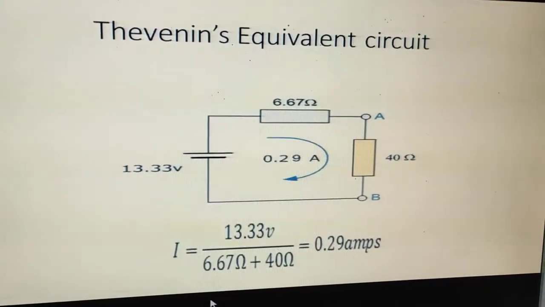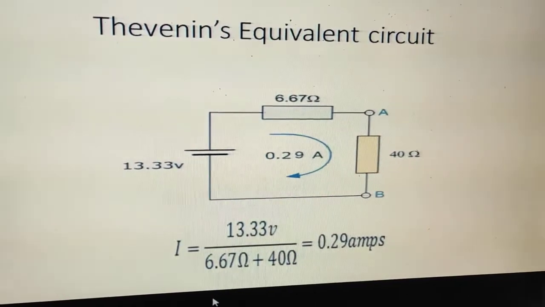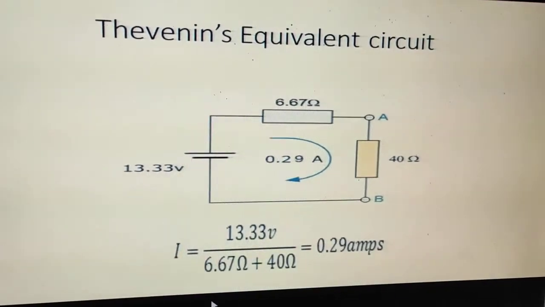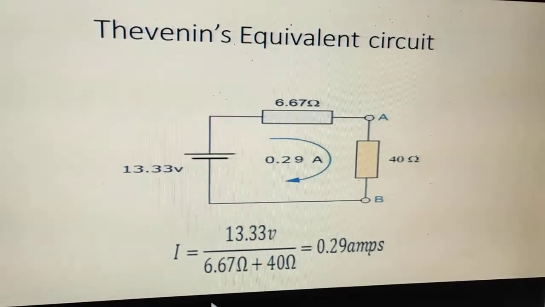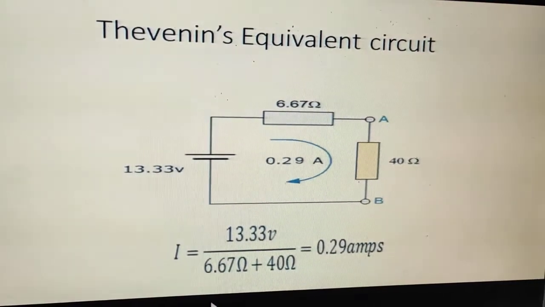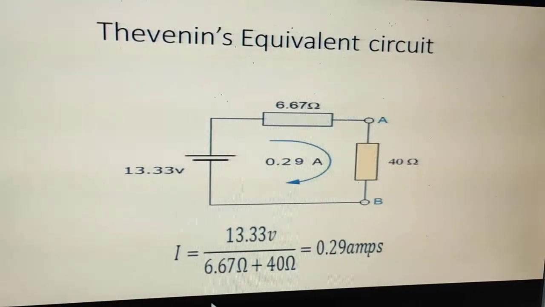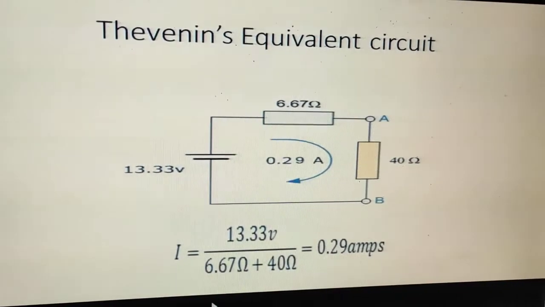Now form the Thevenin's equivalent circuit. The equivalent Thevenin's voltage we got is 13.33 volt and the equivalent resistance we got is 6.67 ohm. Now connect the 40 ohm resistor to the open circuit points A and B, and just by applying Ohm's law you can find out the current flowing through this 40 ohm resistor.